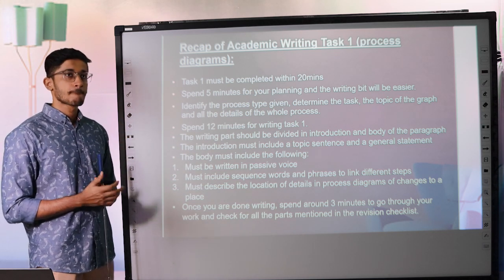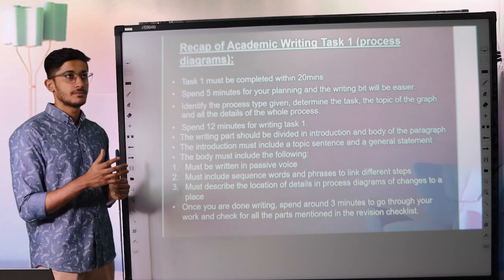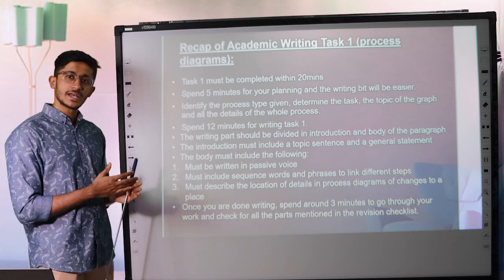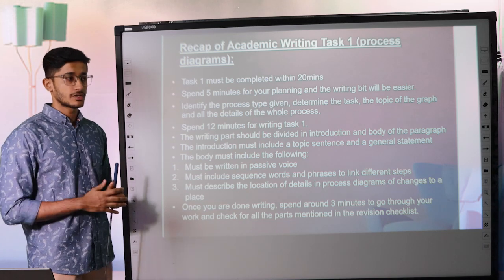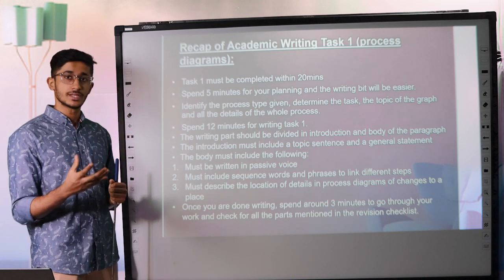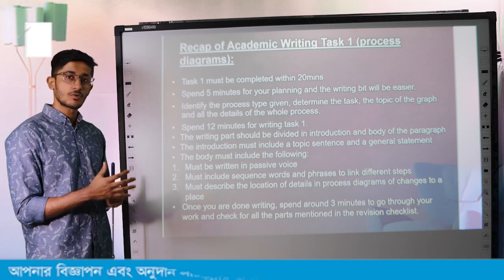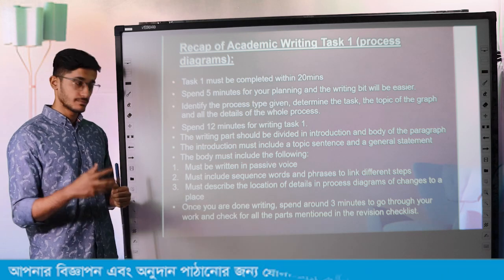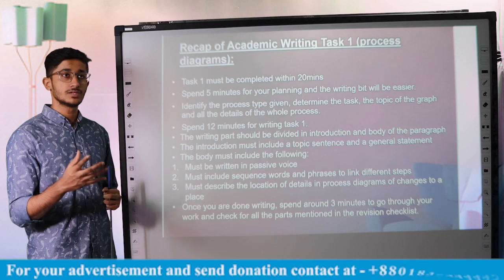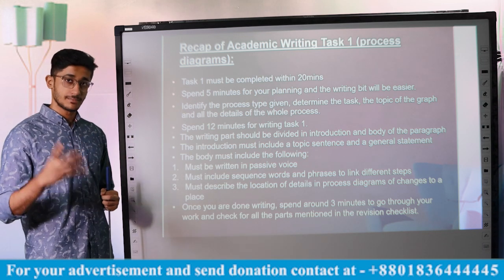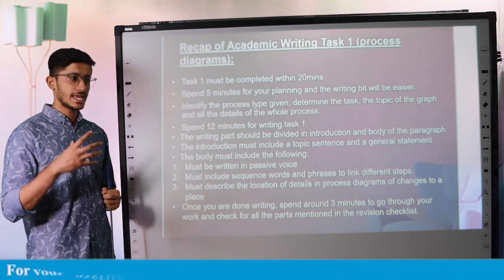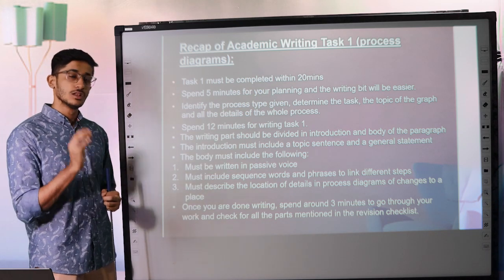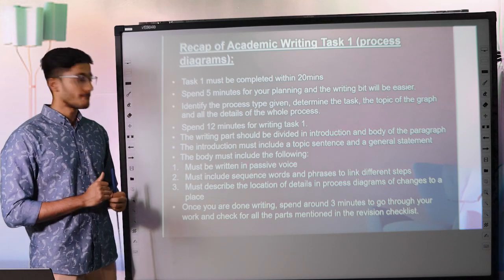For example, in the before snapshot, if there is a lake on the left side of the river, and on the after snapshot there is no lake, then you have to make sure that you mention the location of the lake in the before picture and what has happened to the lake in the after picture. So mentioning the location is very important because it's going to help the reader imagine, and that's what you're going to be assessed on. It's very important to be able to explain what you're seeing. So the diagram is there, but your essay alone should help the reader imagine the diagram.